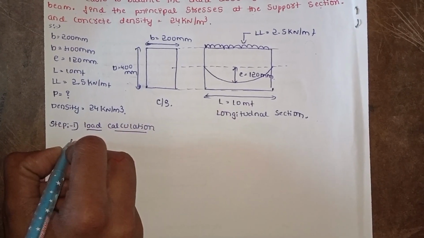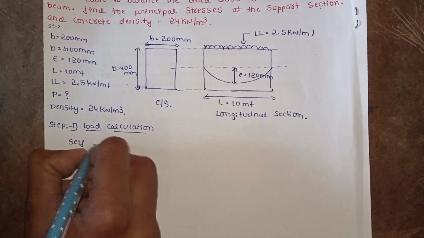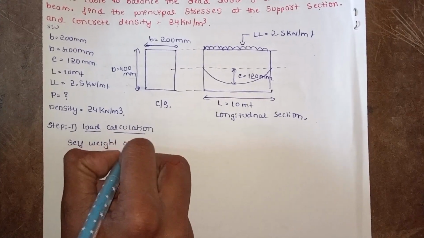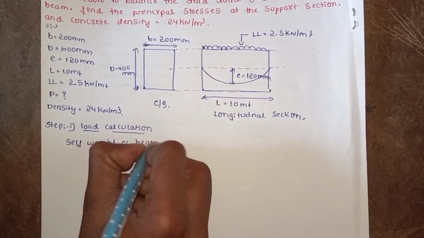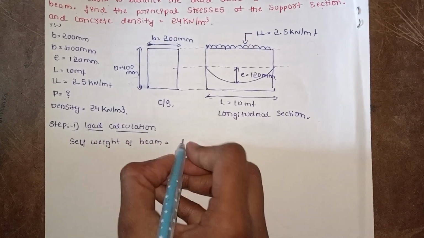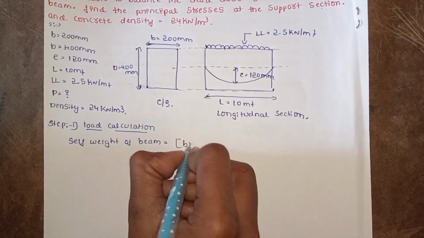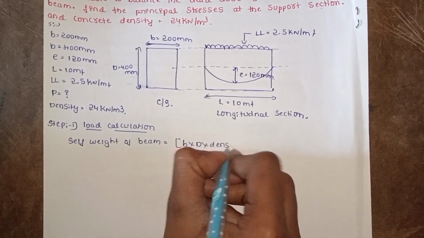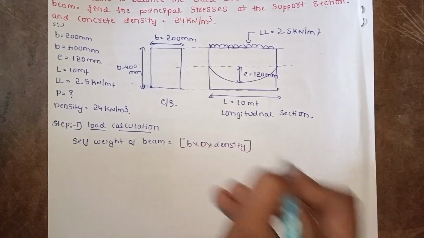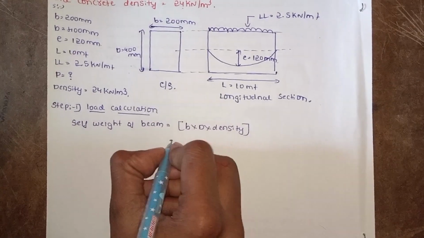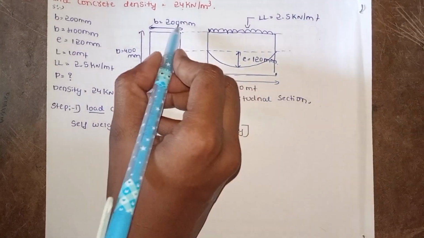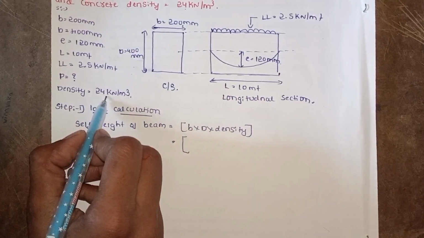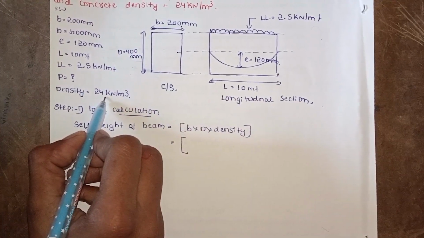So self weight of beam equal to, formula is B into D into density. Okay, so B is also given in question 200 mm and D is 400 mm and density of the concrete is 24 kilonewton per meter cube.